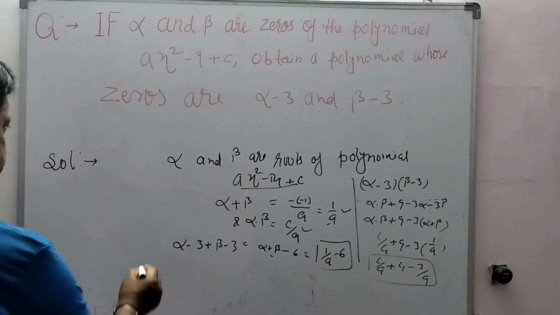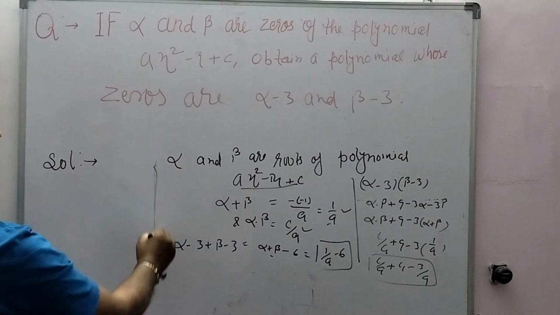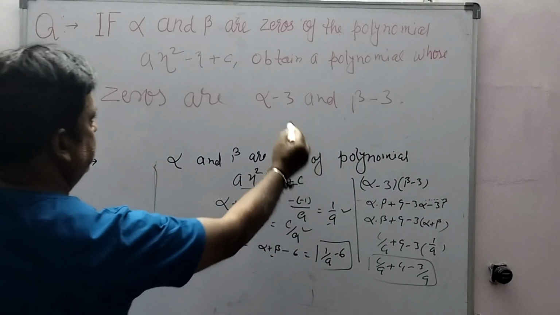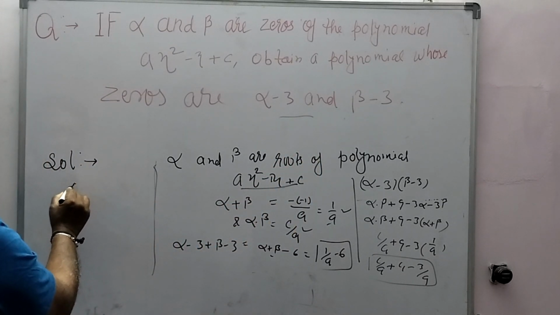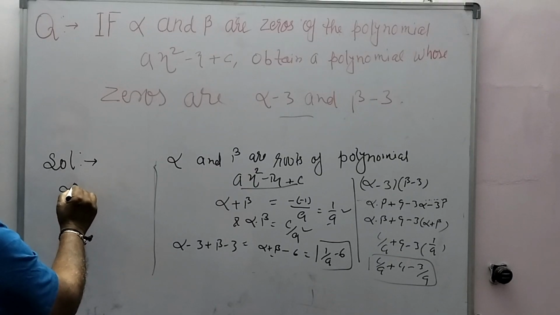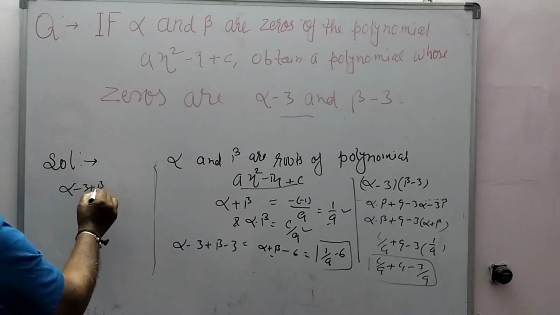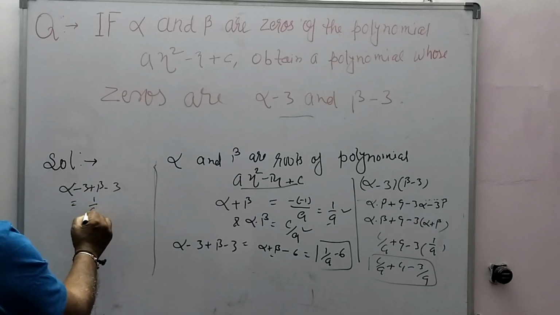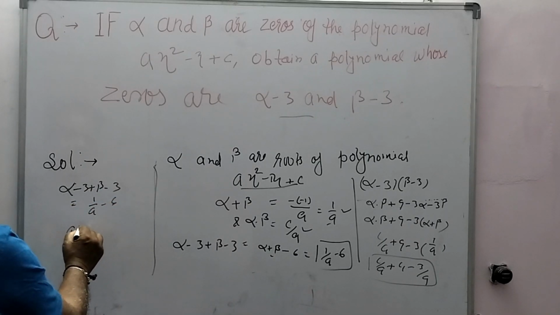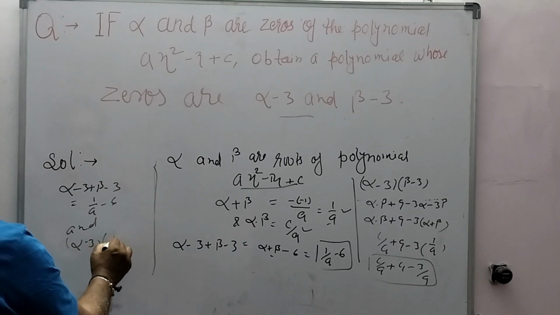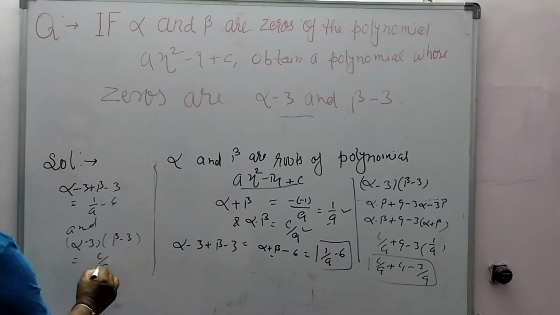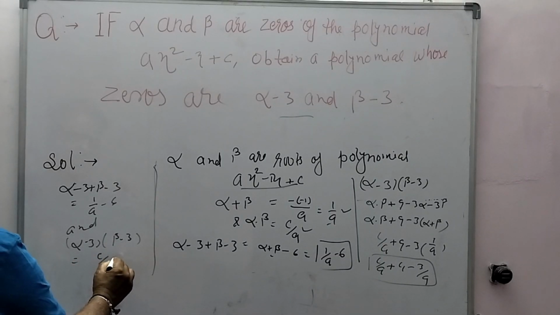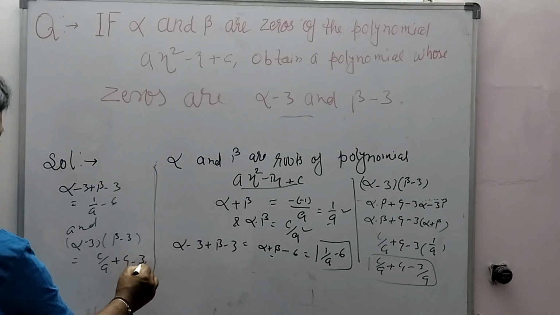Now for getting the new polynomial from these roots, the sum of the roots alpha minus 3 plus beta minus 3 we get 1 by a minus 6, and the product of the roots alpha minus 3 and beta minus 3 is c by a plus 9 minus 3 by a.